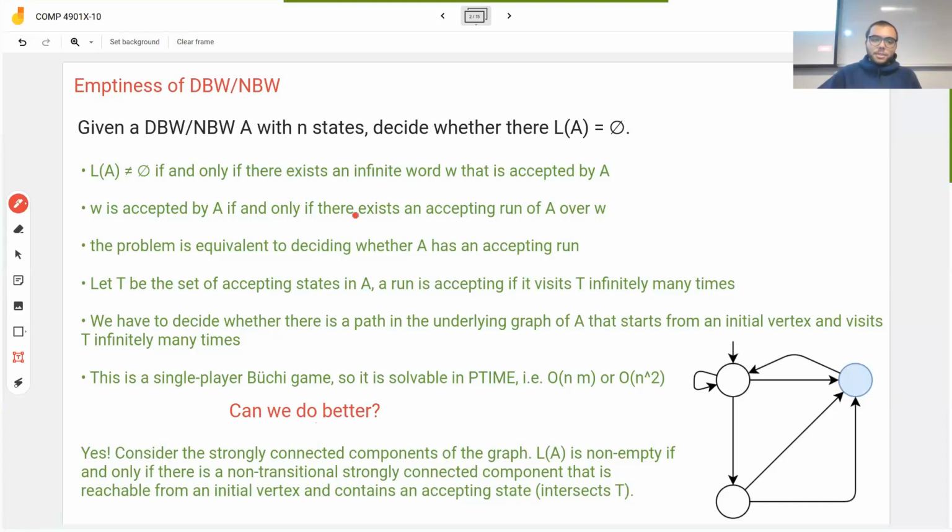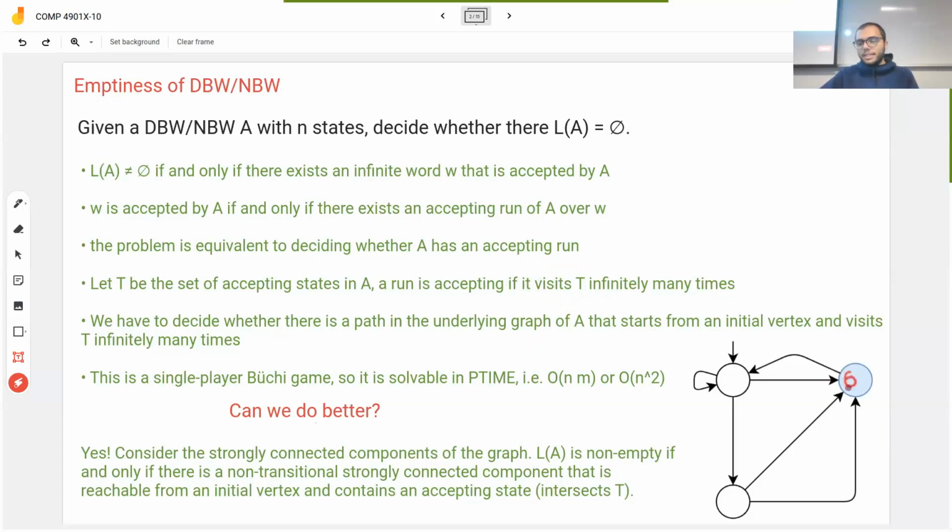For this automaton to accept something, let's say I want to say that there is a word W that is accepted by this automaton. For this automaton to accept W, there should be an accepting run of the automaton over W. And an accepting run is a run that visits my target set T infinitely many times.